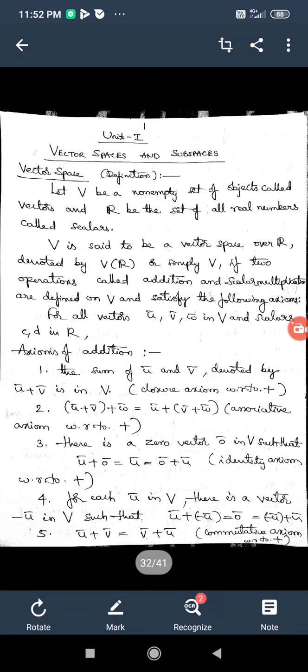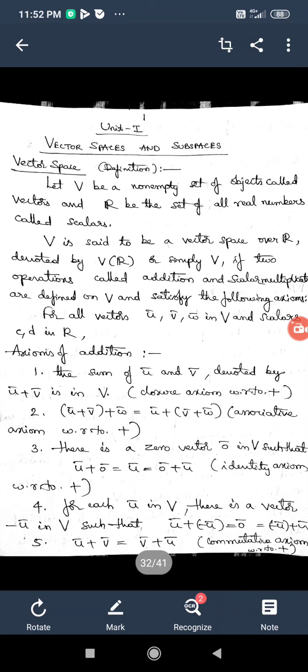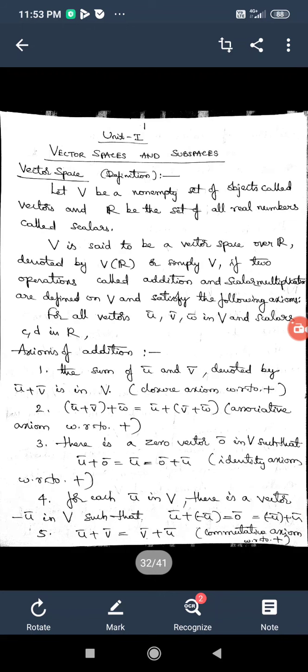So if the closure axiom and the associative axiom, both with respect to addition, are satisfied in the set V, then we say that the first two properties of vector space are satisfied in the set V.